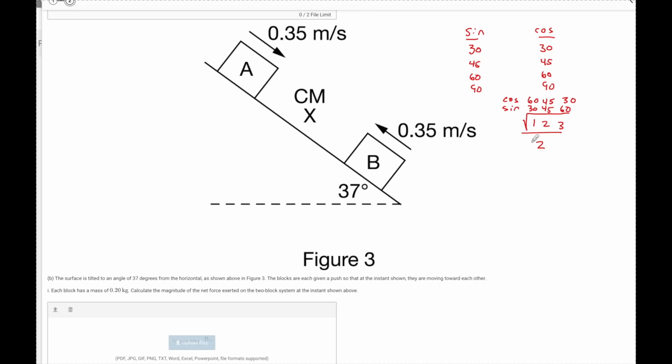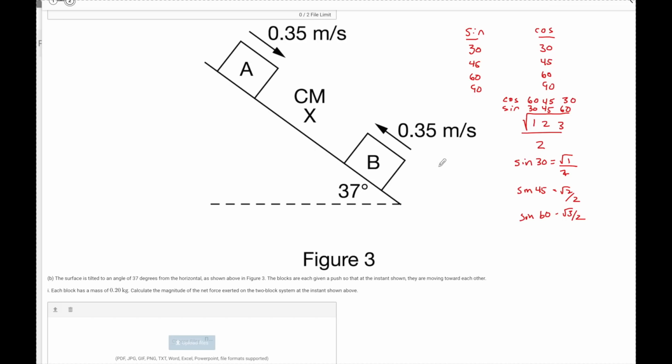So sine of 30 is equal to radical 1 over 2, which is a half. Sine of 45 is equal to radical 2 over 2. And sine of 60 equals radical 3 over 2. And then the opposite would be for cosine. The cosine of 60 is a half. The cosine of 45 is radical 2 over 2. And the cosine of 30 is radical 3 over 2. These are things that you should just know.